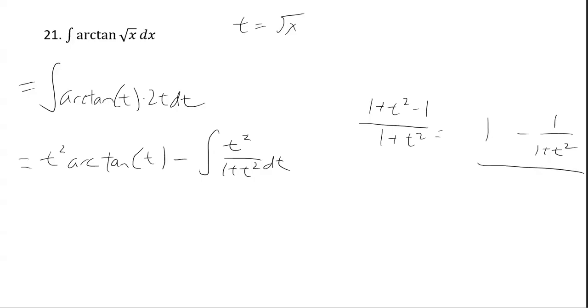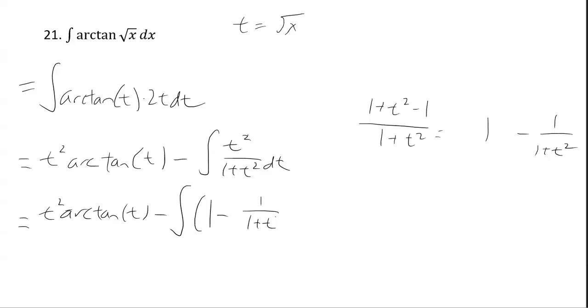And this would be the result that you get if you do long division. Okay, so instead of writing the division sign and doing all that, you can just do this little hack over here. Okay, so t squared times arctangent t minus integral of, in parentheses, 1 minus 1 over 1 plus t squared dt. Okay, now let's integrate those two.